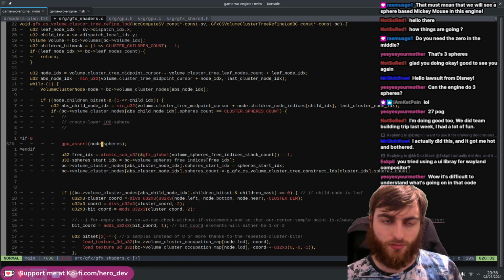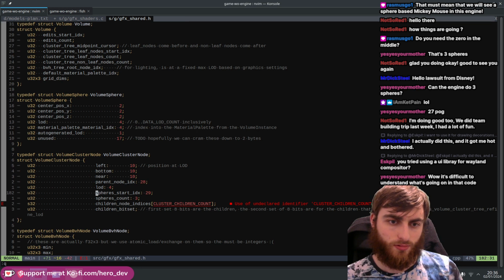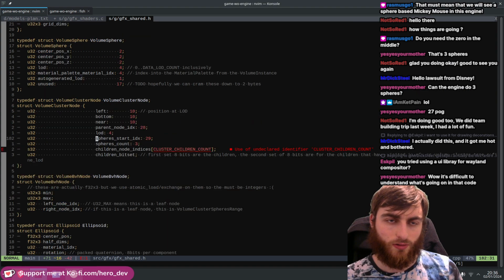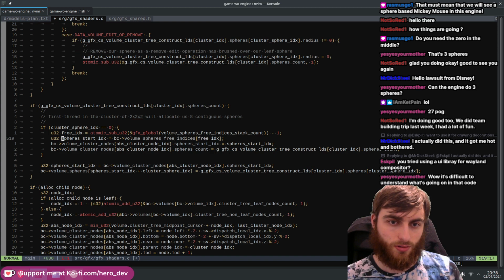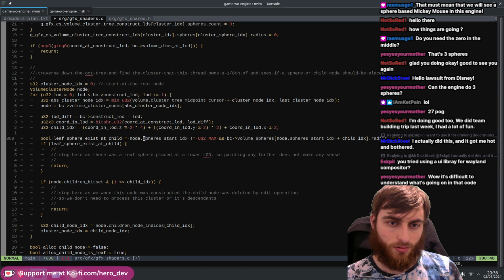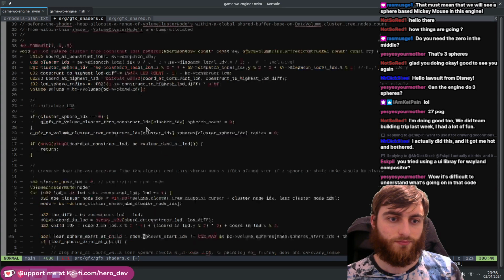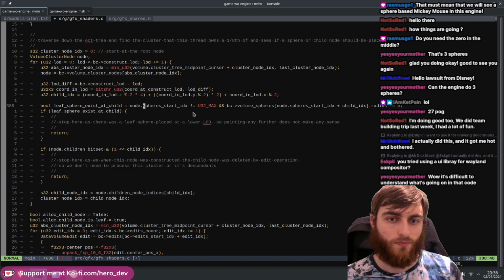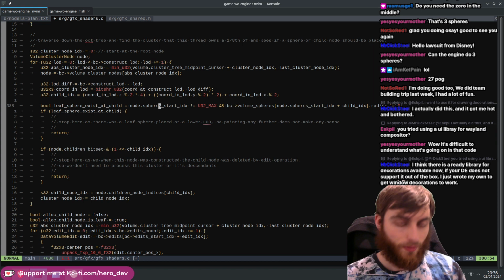spheres start index. Shoot, that doesn't look good. Oh, come on. That will never be the case, because it's bit set now.